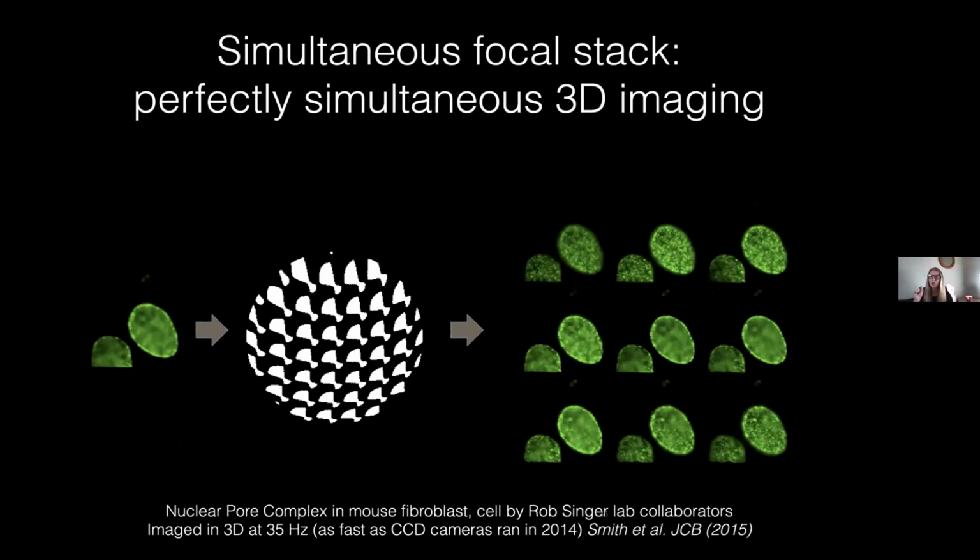And because of the distortion, we get that focus shift. So what this means is that I put on my camera and I take a picture, and I have already that whole 3D focal stack. So now I can just push play and start imaging, and the whole 3D scene is being imaged as a time series onto my camera.